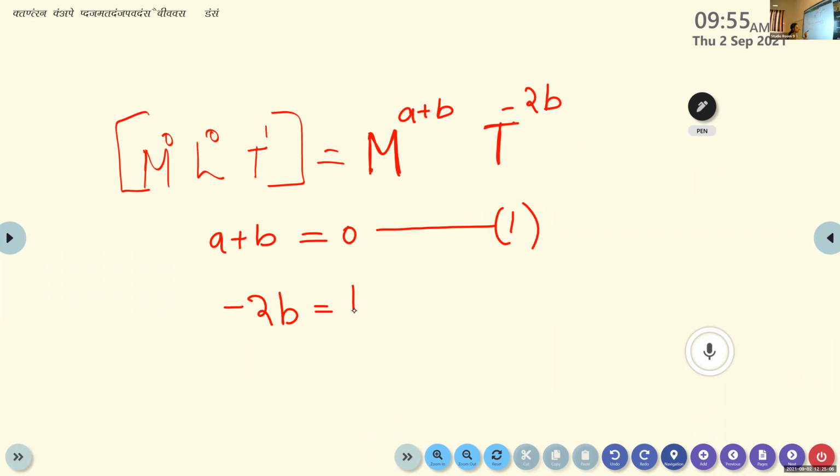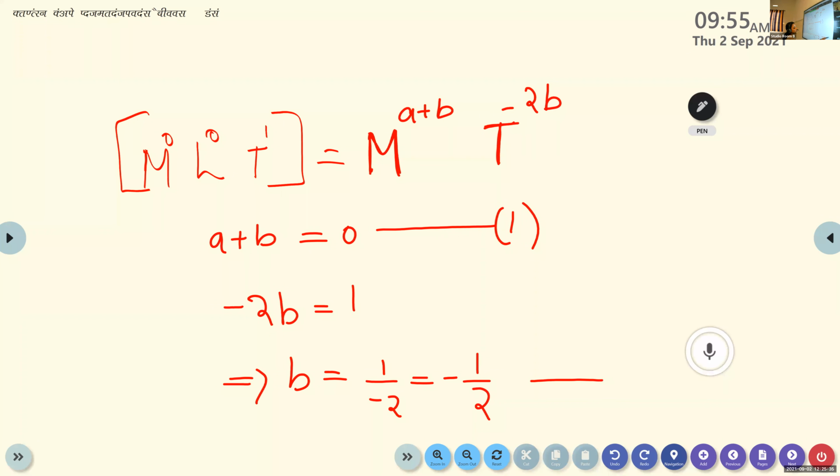From this equation we get an expression for B. Minus 2B equals 1, which implies B equals 1 by minus 2, that is, minus 1 by 2.